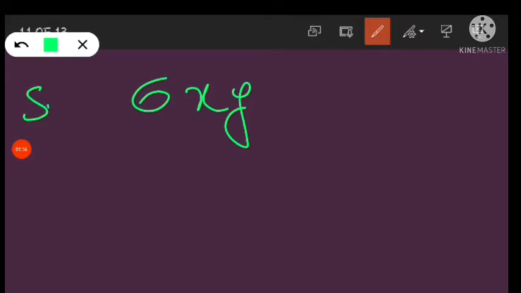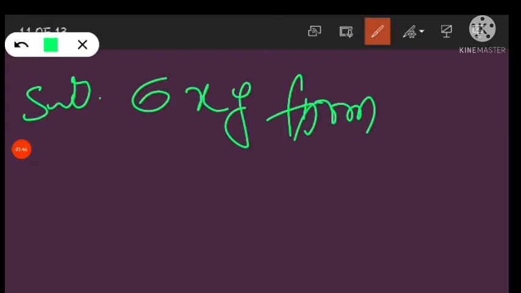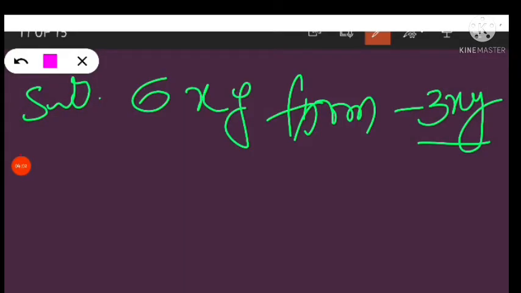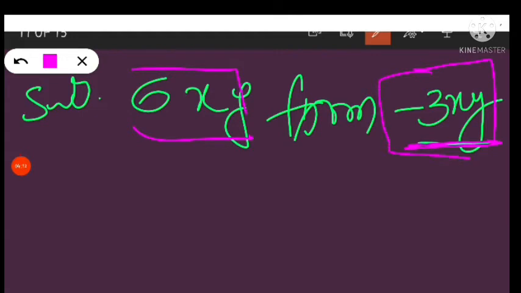My question is: subtract 6xy from minus 3xy. This question means that you should subtract this number, 6xy, from this minus 3xy.